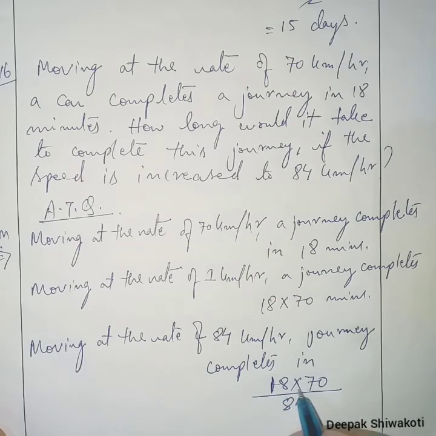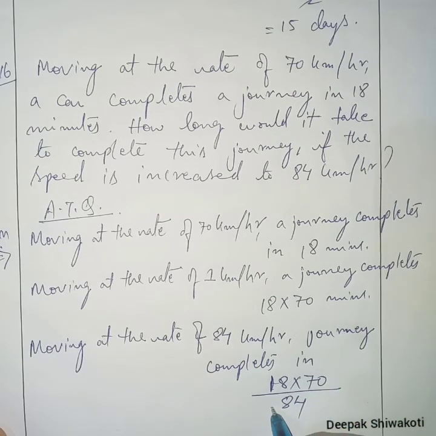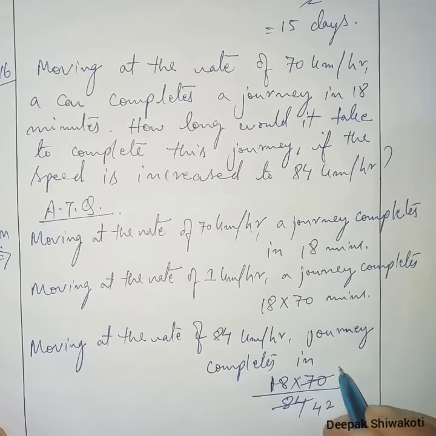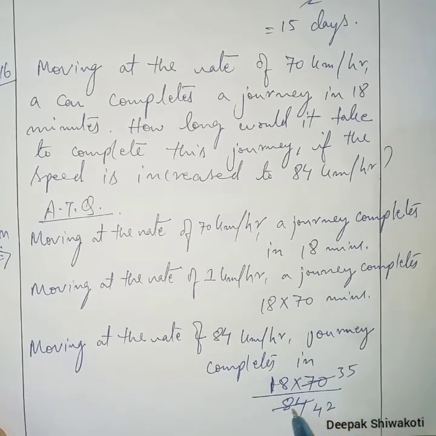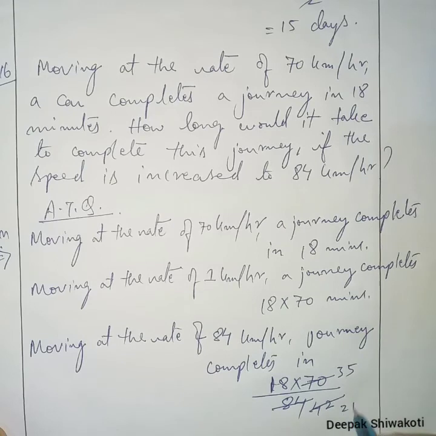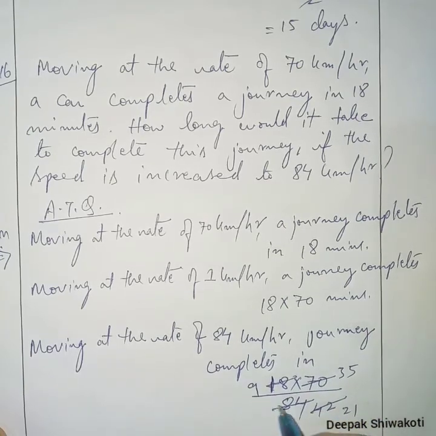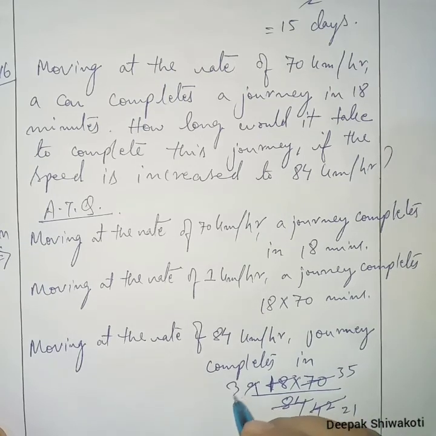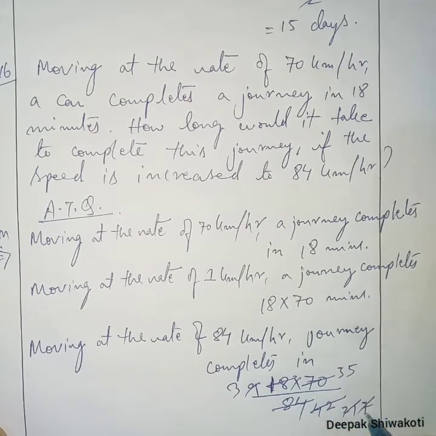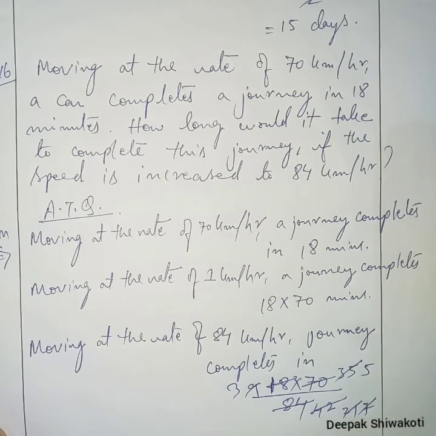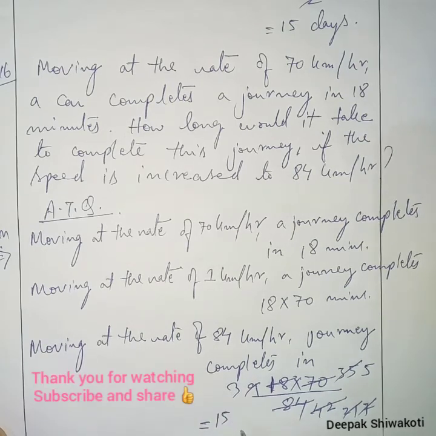When we simplify this by 2 here, again by 2, yes, we can go for 2. Now by 3 and 7 here and here. So 5 3s are 15 minutes. So time taken is 15 minutes.